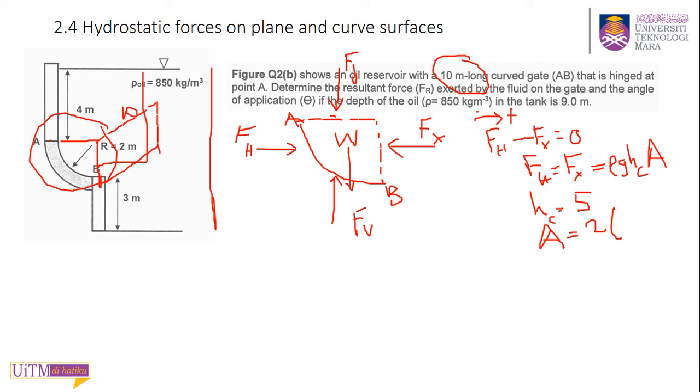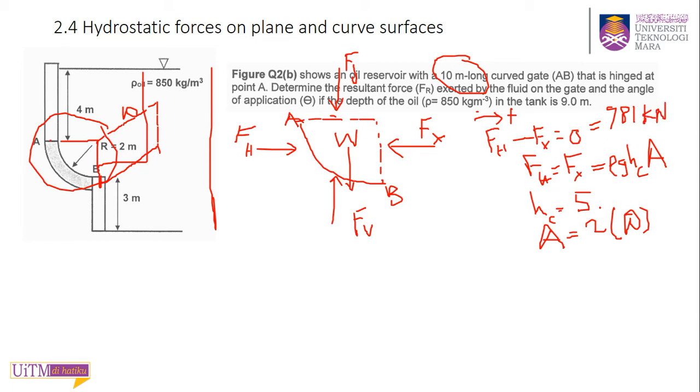So this is 2, this is 10, so the area is 20. So you got your FH. What's the value of FH in your calculator, Rauda? 981 kilonewton? Correct?